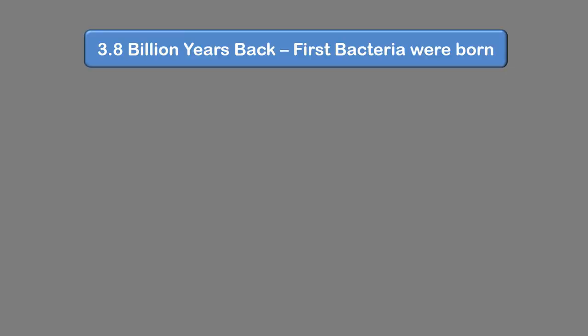The bacteria were born 3.8 billion years back when there was no oxygen in the environment. The bacterial metabolism was entirely dependent on enzymes that had iron-based cofactors. Iron was abundant on the Earth's crust and bacteria thrived in anoxic environment.